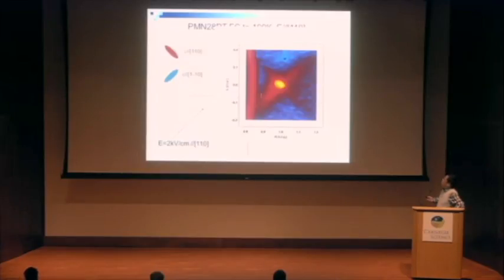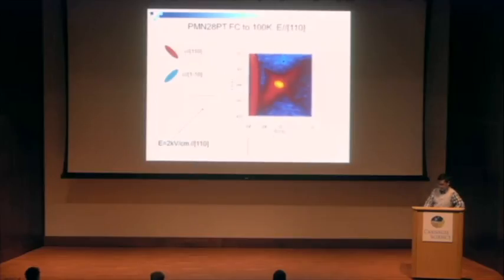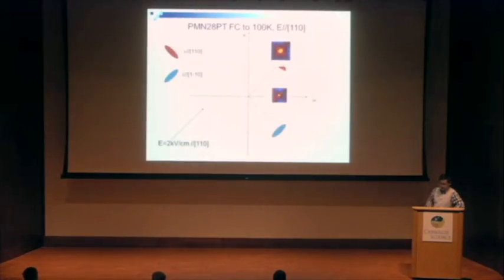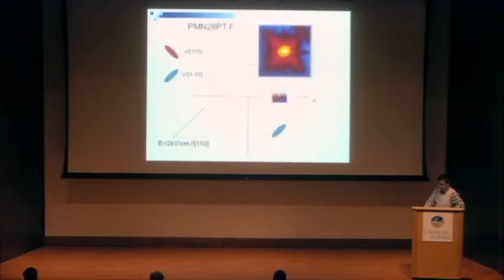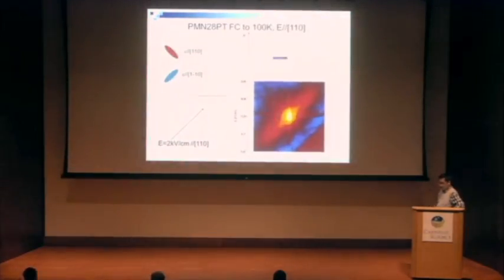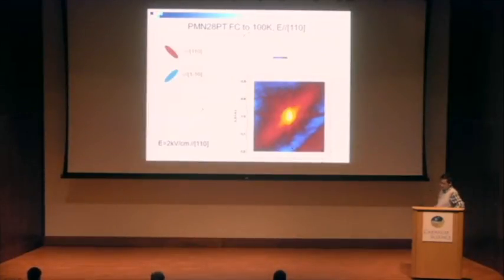The blue wing seems much stronger than the red wing here. And near the 110 Bragg peak, the blue wing is also much enhanced, and it's almost the same intensity as the red wing. And for the diffuse scattering near the 1-10 Bragg peak, the blue wing is even stronger and becomes dominant.